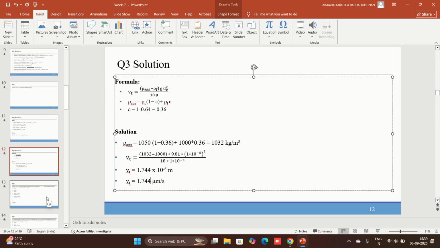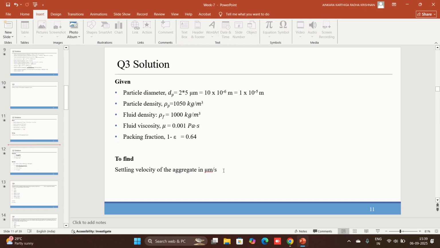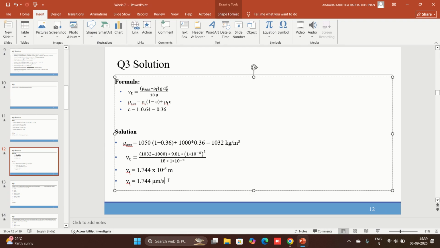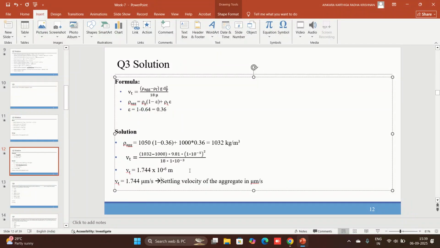That is how we do this particular question. I hope question 3 is clear. Settling velocity of aggregate in micrometer per second. I hope it is clear.